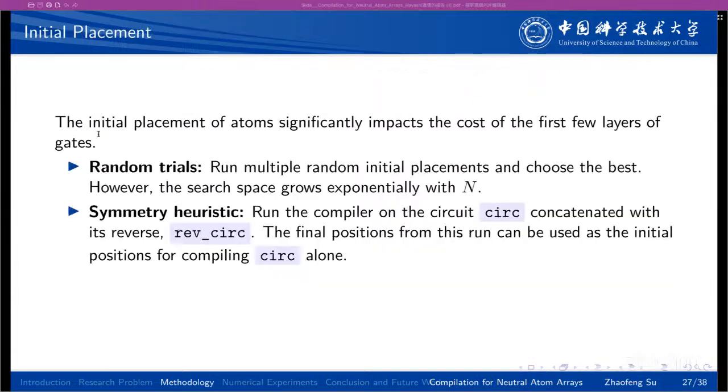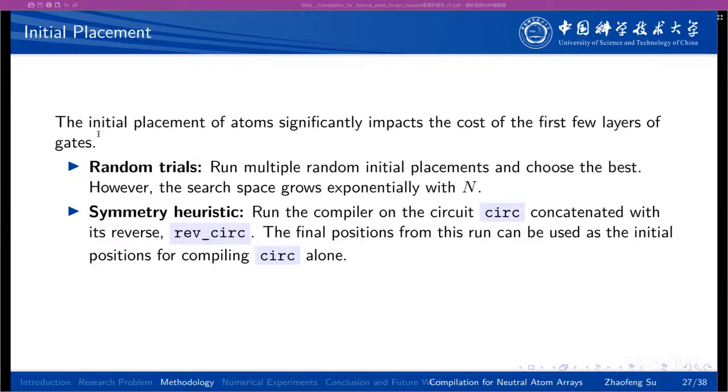And for the initial placement problem, we have two strategies. The first is to consider random trials, and the second is the symmetric heuristic algorithm for the initial atom positions.